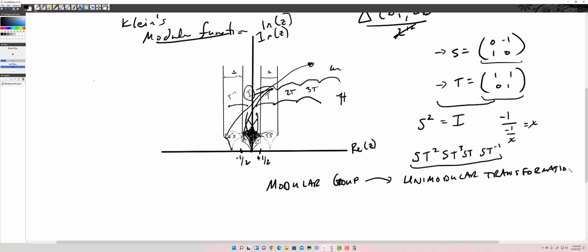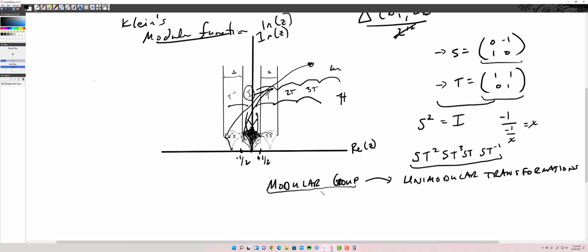So maybe if you didn't know anything about modular functions before watching this, one of the questions in your mind was, why do they call them modular functions? Well, because they're invariant under transformations that are represented by the modular group.